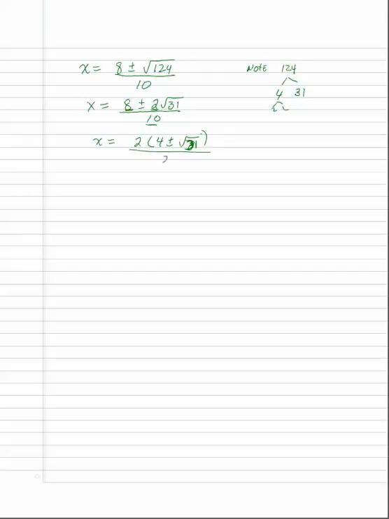And then 10 is 2 times 5, so you see the 2's cancel. So remember, when you reduce a fraction, you have to factor and cancel common factors. So x is 4 plus or minus square root of 31 over 5.